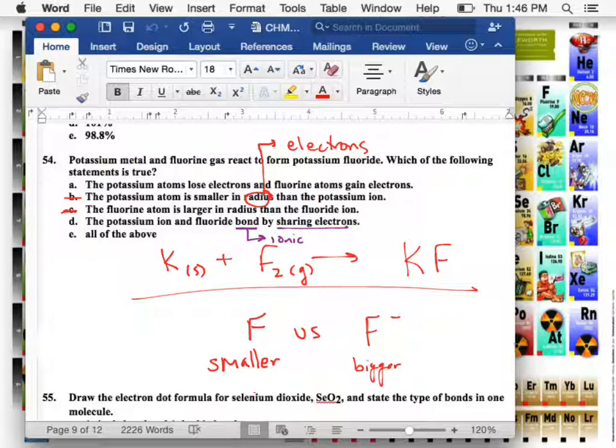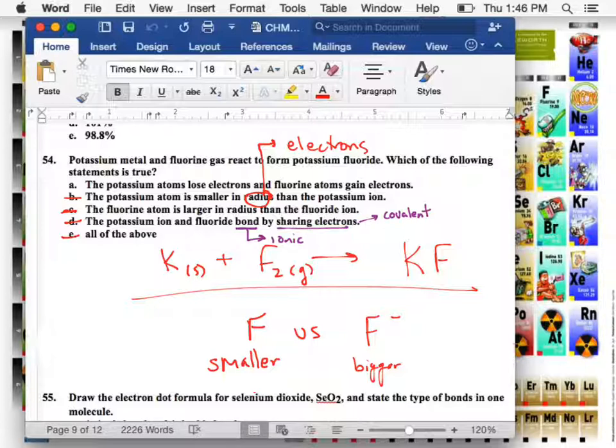No. Ionic bonds, by definition, do not share electrons. That's why they became ions. Sharing electrons is the domain of the covalent bond. So that really means A is the only thing left that I haven't crossed off.